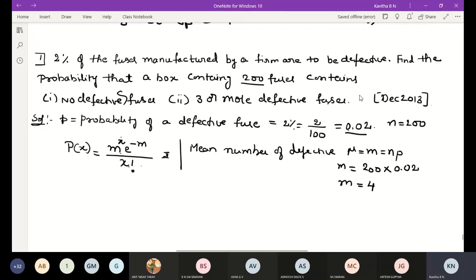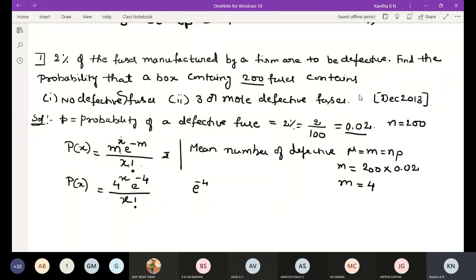Then next write the formula, then substitute all the values. P of x is equal to, m is 4, so 4 to the power of x, e to the power of minus 4, divided by x factorial. Then use the calculator.